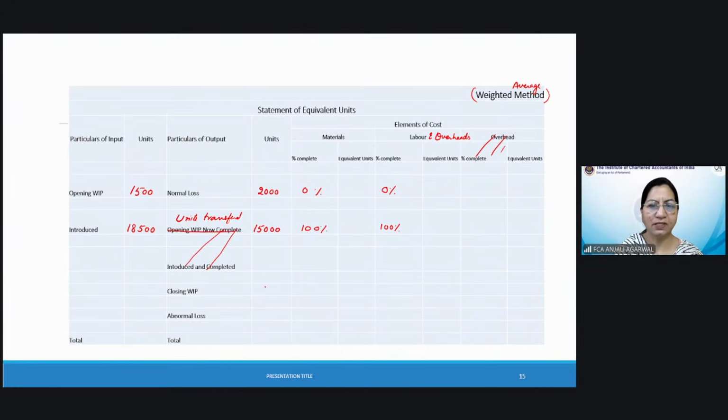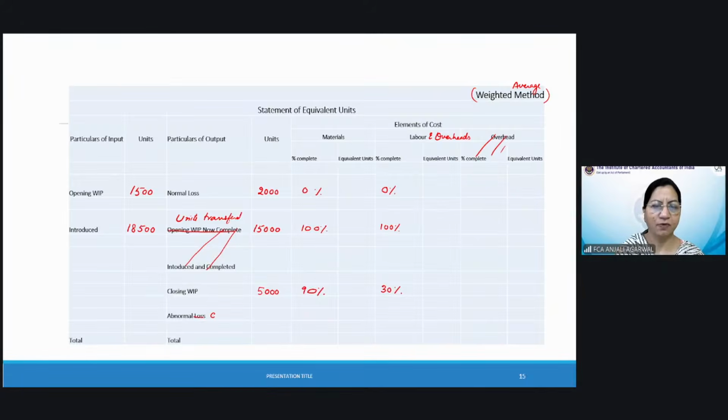Closing WIP is 5,000 units. It is 90% complete as far as material is concerned and 30% complete as far as labor and overheads is concerned. And now if you look at the total of output, you will see that it is 22,000.